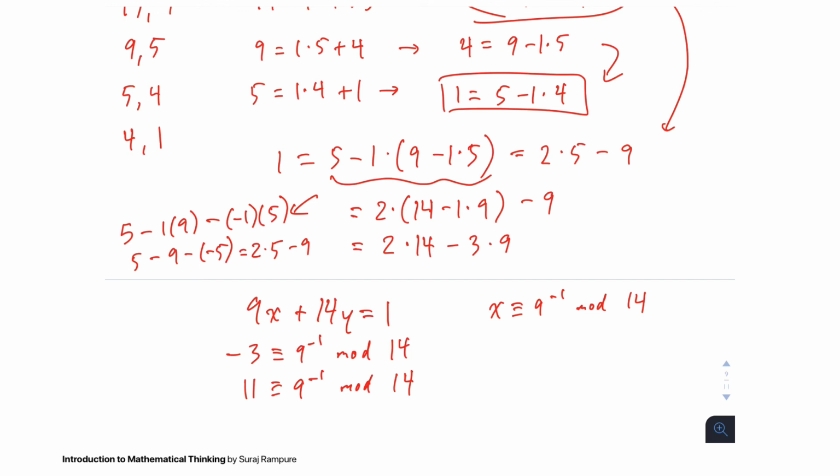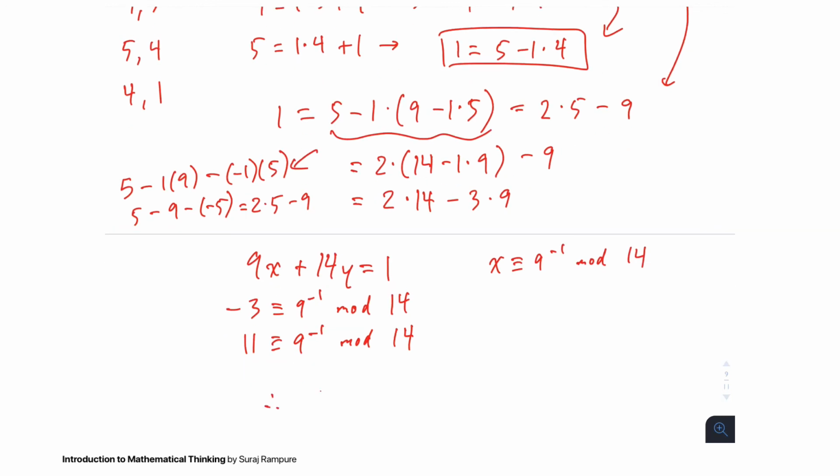I mean, not that -3 is wrong, but when we ask for the inverse, we usually want a number between 0 and 13 inclusive. Okay? So it's fine that we solved and got -3, but just to report the answer, we add 14 to that, because that just gives us an equivalent set of numbers. So our final result is that therefore 11 is the inverse of 9 in mod 14.